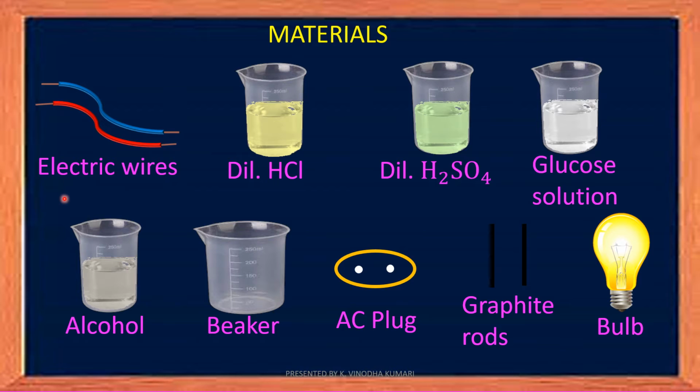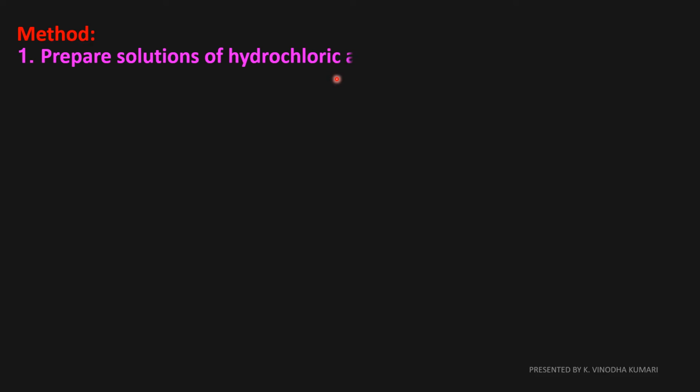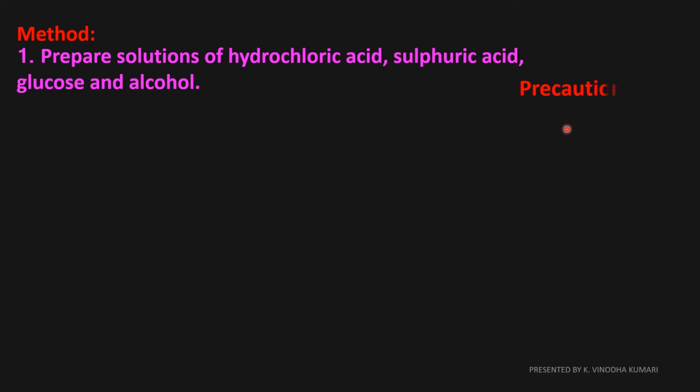Now we will perform the activity. First of all, we have to prepare solutions of hydrochloric acid, sulfuric acid, glucose and alcohol. This I told you. While preparing the acid solutions, we have to take precautions, which I also told you.